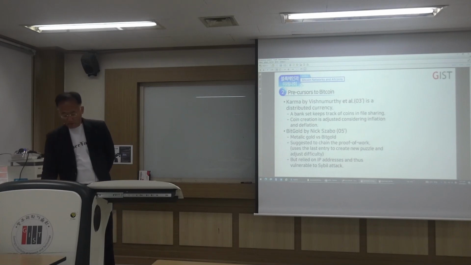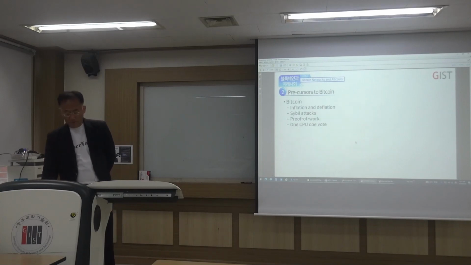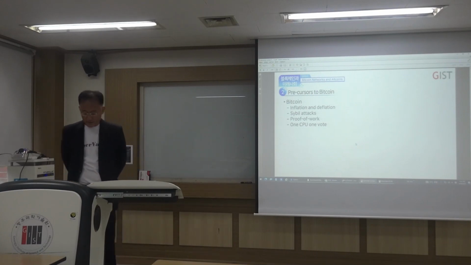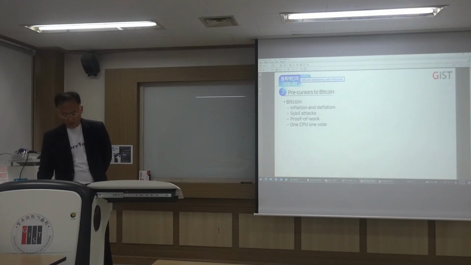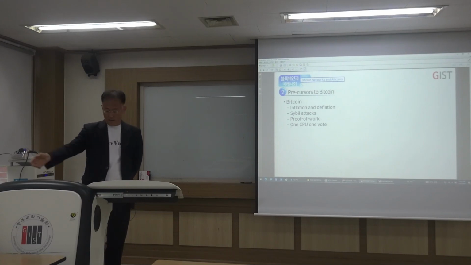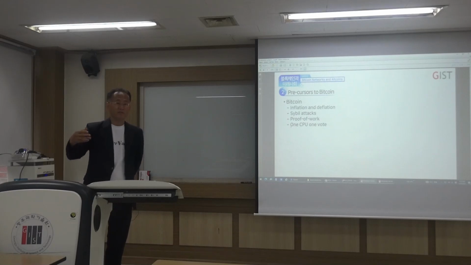Then what was the difference in Bitcoin compared to these previous ideas? Basically, Satoshi Nakamoto designed this proof of work system by having a large set of nodes competing for the proof of work race, right?